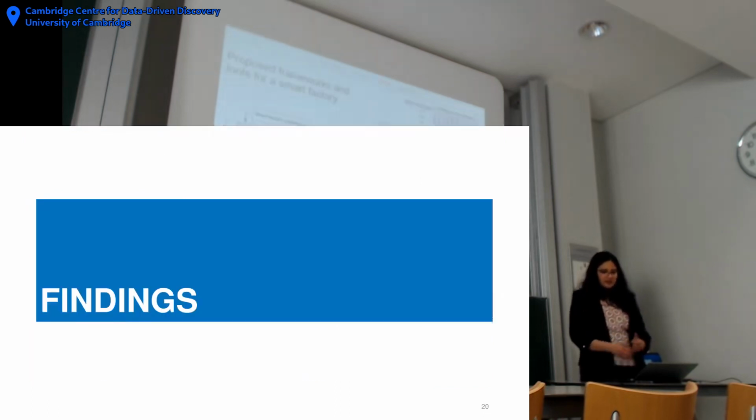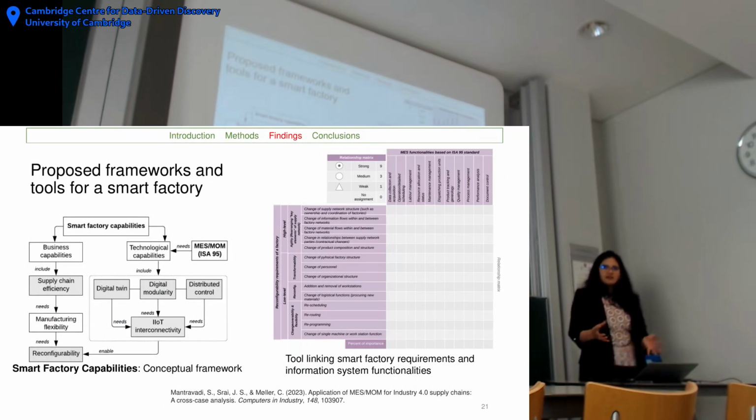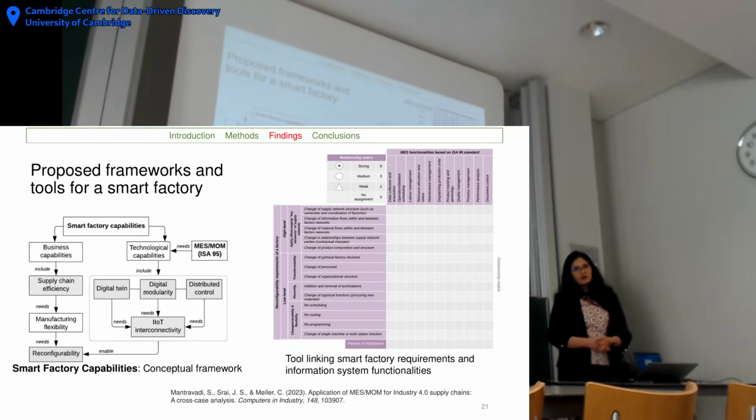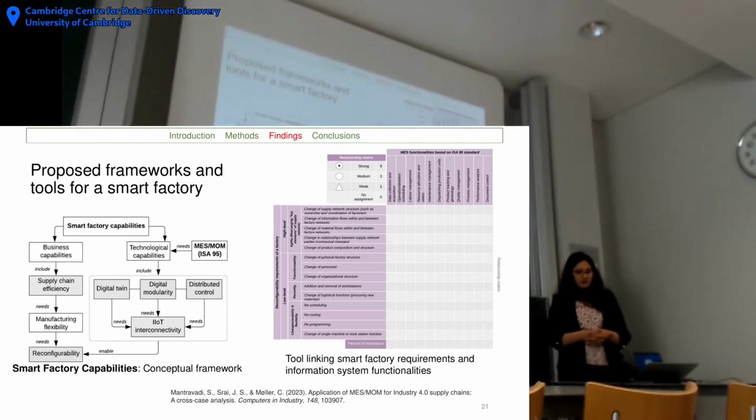And our findings, we had a variety of findings. So one of the main findings were not just artifacts and some knowledge, but also some conceptual frameworks. So to establish a common understanding and to understand what a smart factory capability is, we tried to use concepts from both business and manufacturing domain and IT domain and combine them to create these conceptual frameworks.